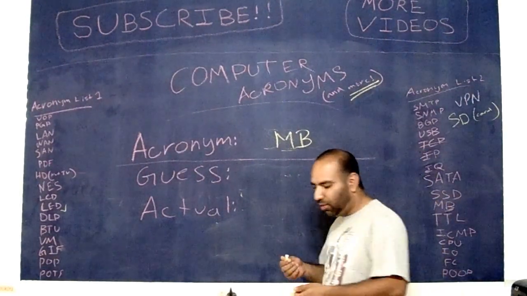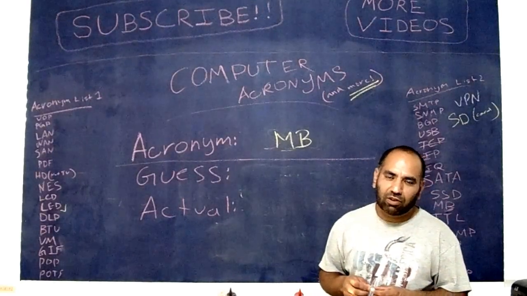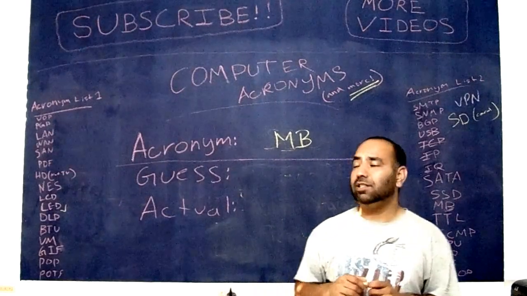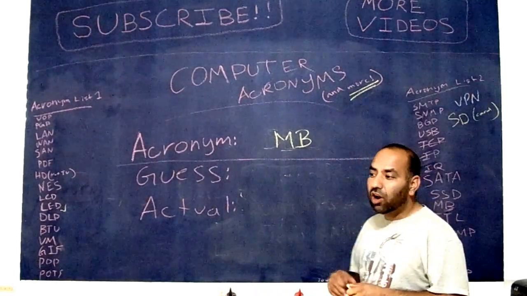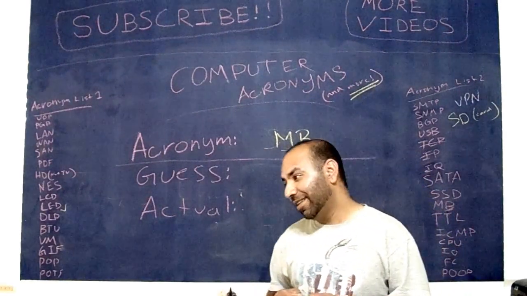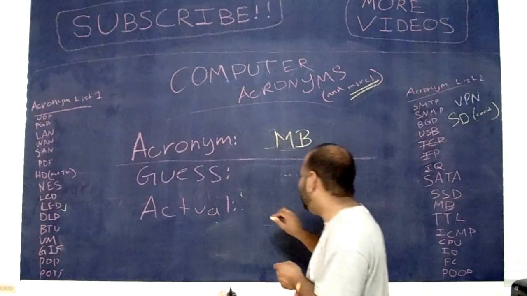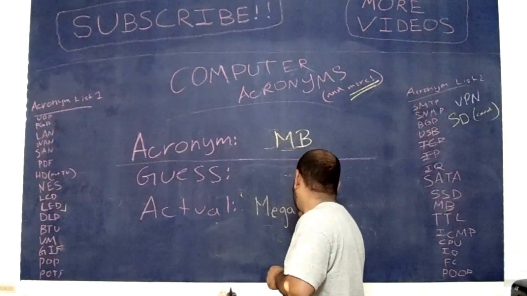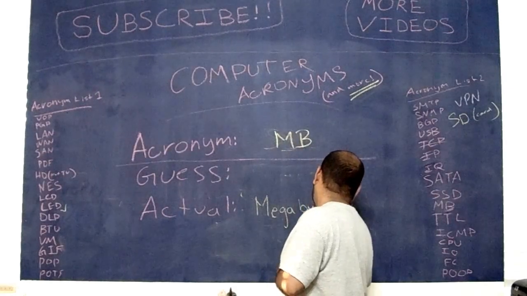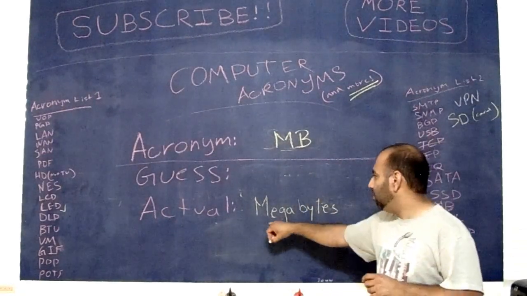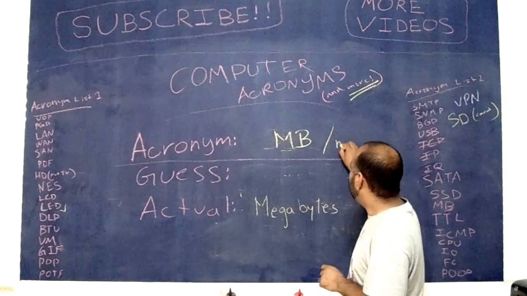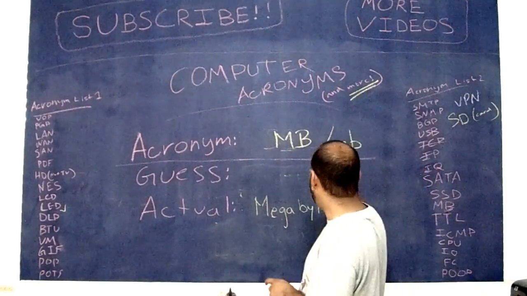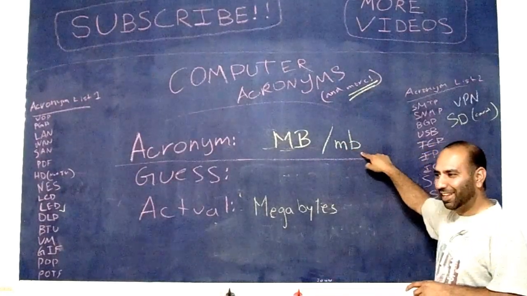It's megabyte. Well, it could be many different things. It's not just megabyte. This is one of those acronyms that's been thrown around a lot. It could be megabytes. It probably is megabytes. What else? Well, it could also be motherboard. So we'll stick with megabytes because that is the most commonly used form of it. Now there's a difference between megabytes and megabits.